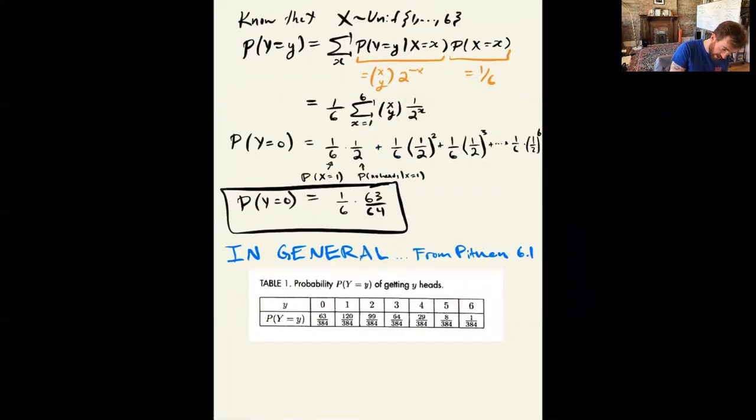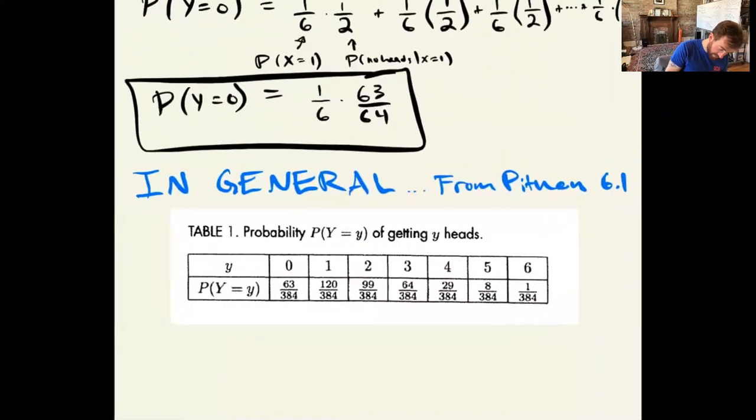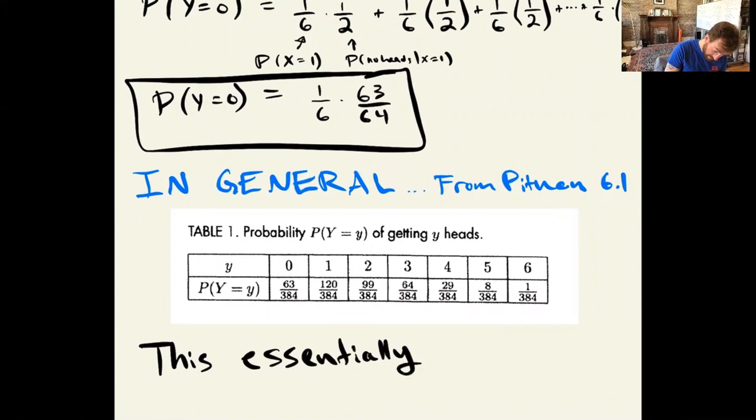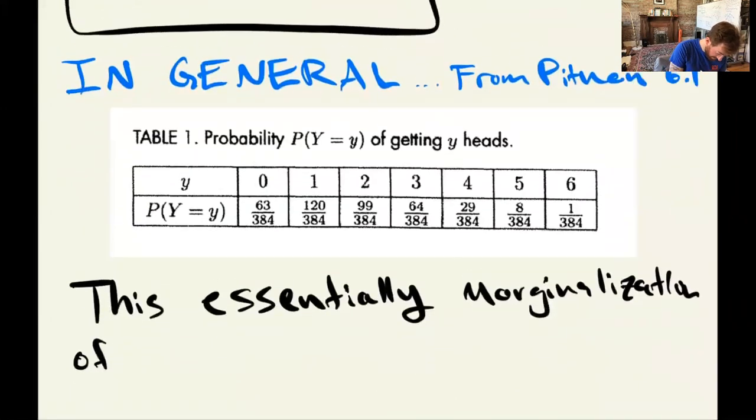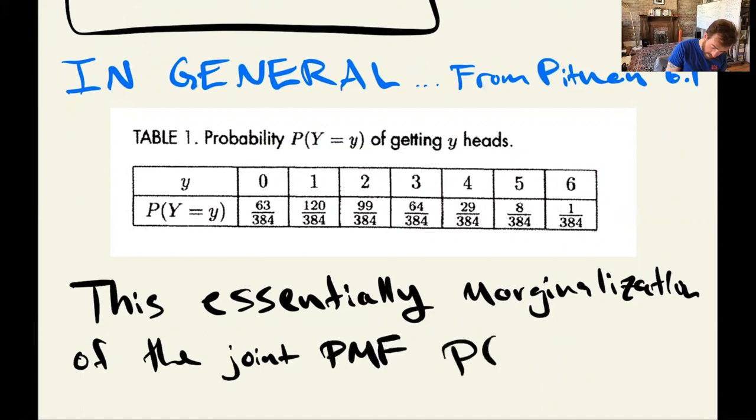So let me remark here that this is essentially marginalization of the joint PMF for the probability that X equals little x, Y equals little y.